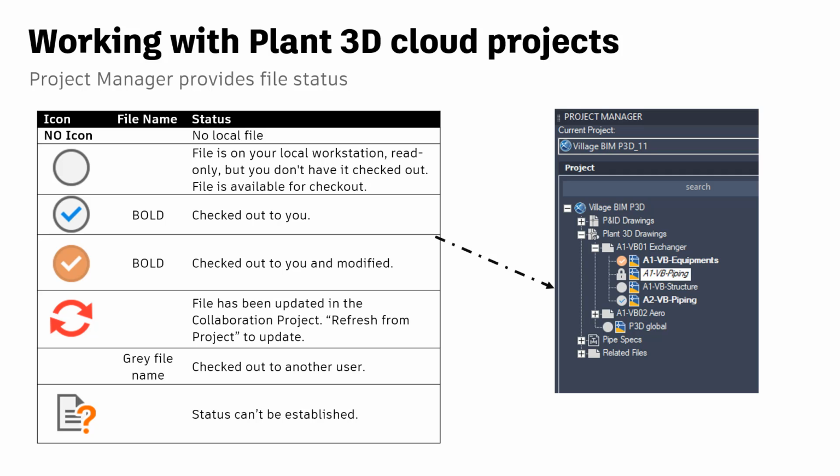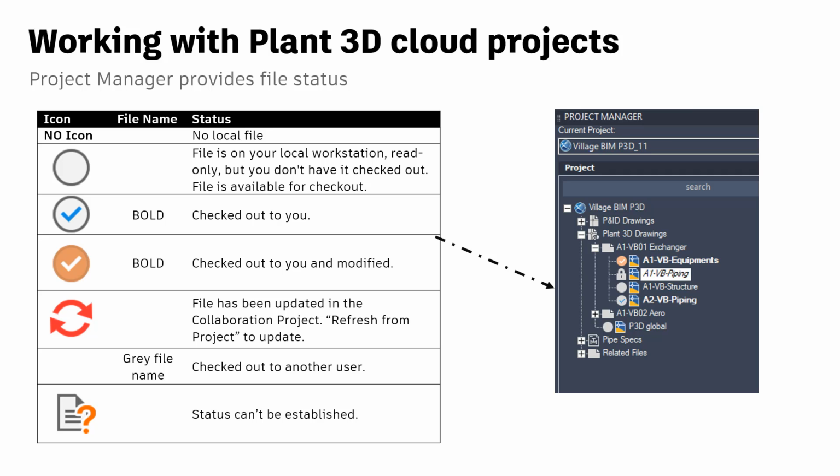When working with Plant 3D and cloud projects, for those of you who are familiar with the project manager of AutoCAD Plant 3D, this project manager will provide at any time the file status of the files you are working on and the ones that your colleagues are working on, because again, we are in a co-authoring effort here in Plant 3D.